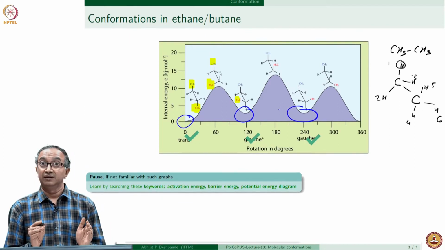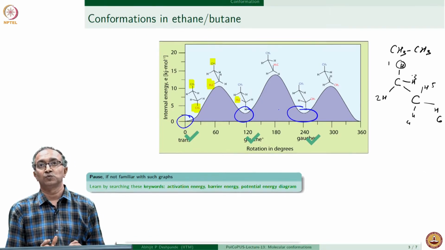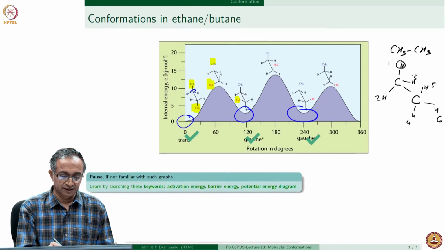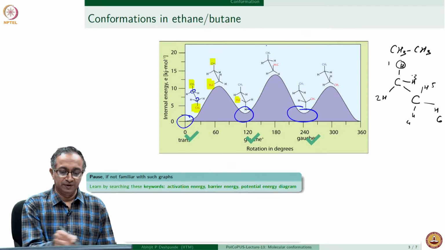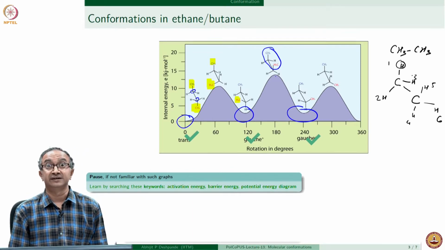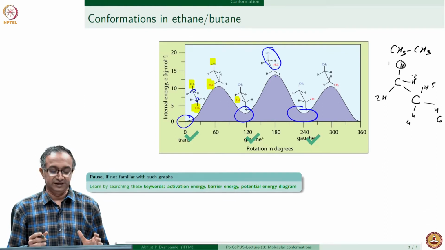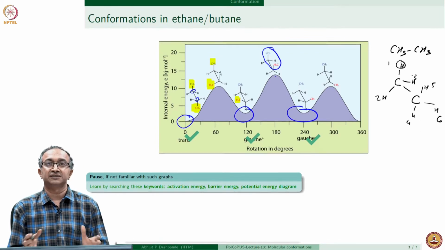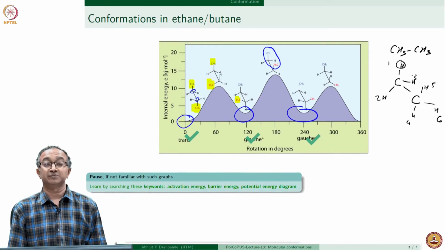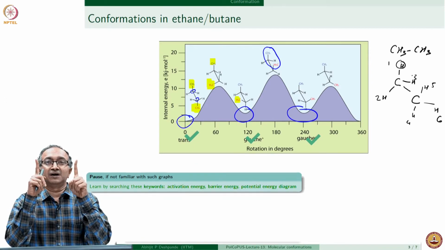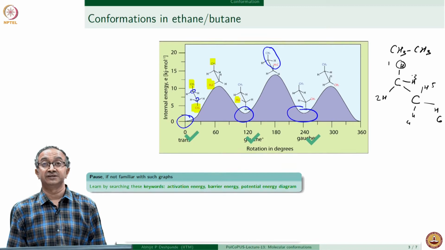You can pause here and look at how the positions of the 2 methyl groups are on one carbon, this carbon and this carbon. And of course, when both the methyl groups are closest to each other, the energy is maximum, and therefore that state is unlikely to be obtained. In this conformation both of them are close to each other, and that's energetically not favorable at all, because the energy of this conformation is very high.